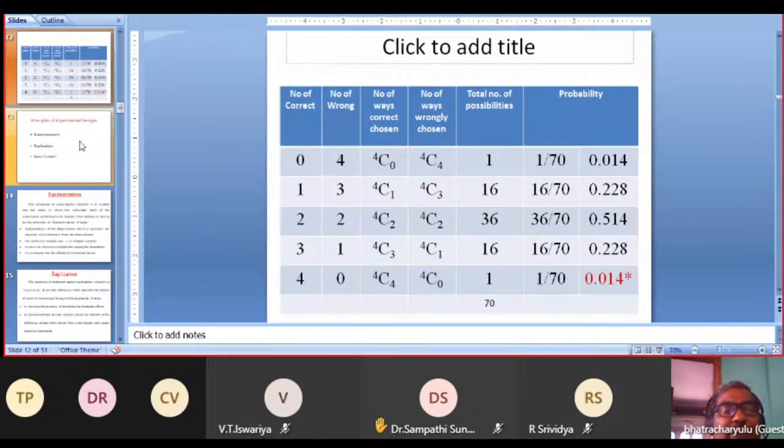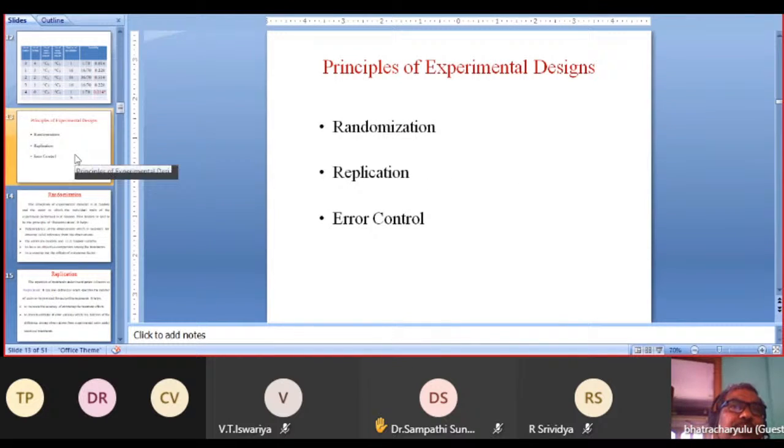And the replication principle is repetition. So we are repeating the four chances or five chances or six chances and collecting more number of observations. Due to the replication principle, suppose we are conducting the experiment. The experiment is conducted the first time, and I am collecting the reading. This is a pilot survey time.